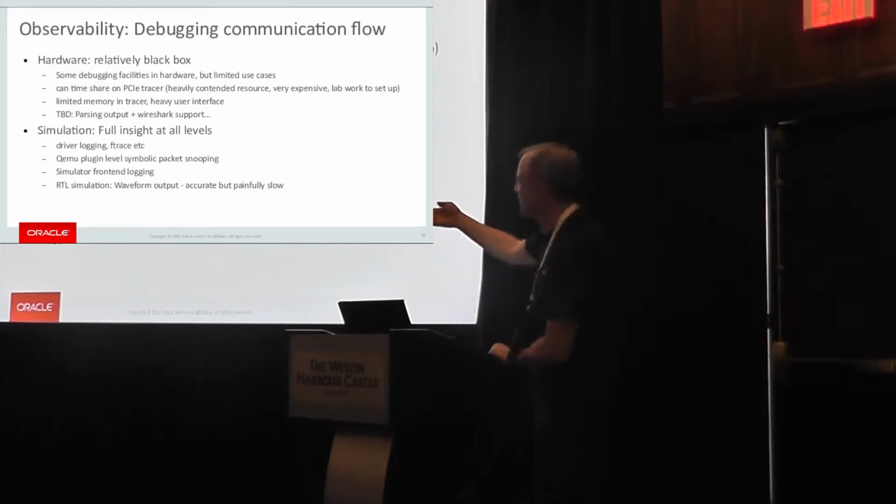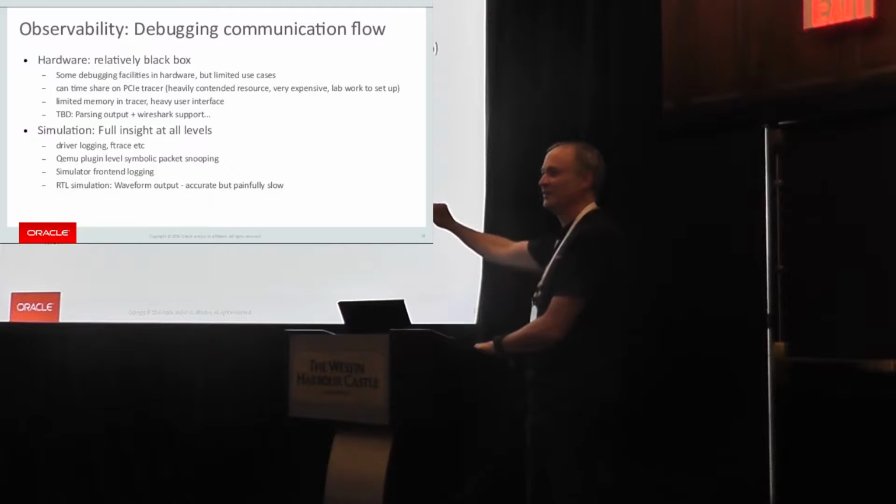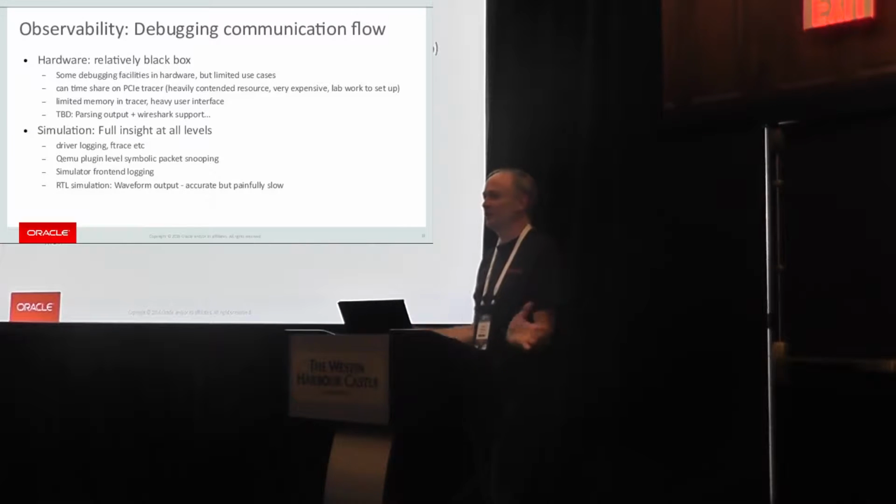So we have this RTL simulation where we can actually run the exact thing that will be in the chip in the hardware, and it's painfully slow. We were able to use this to success sometimes during our development.